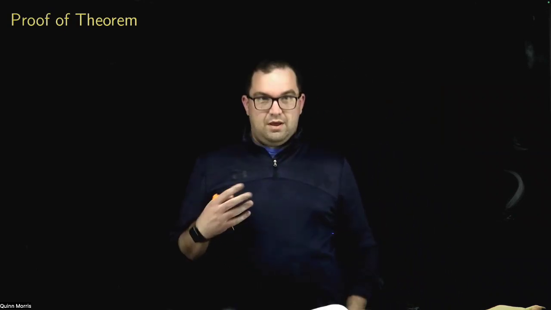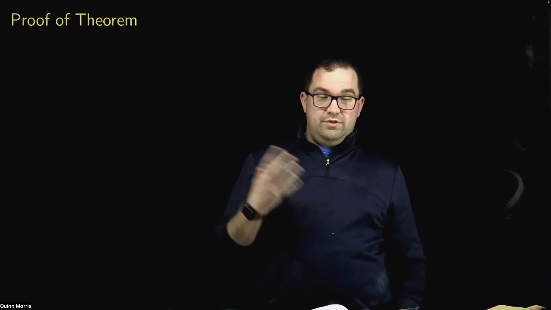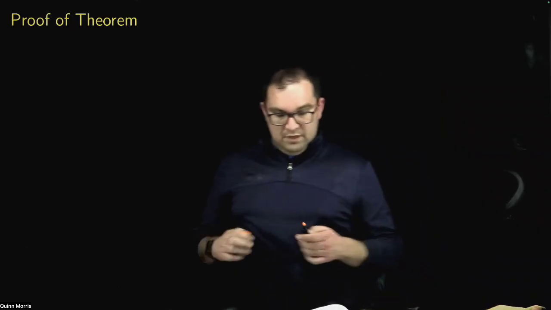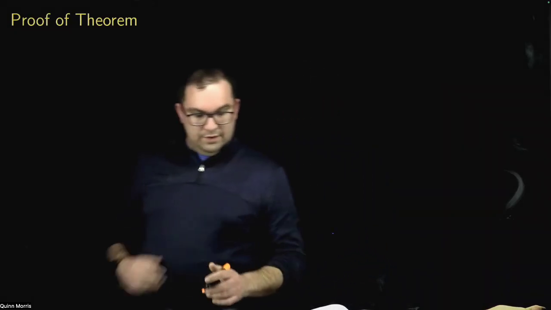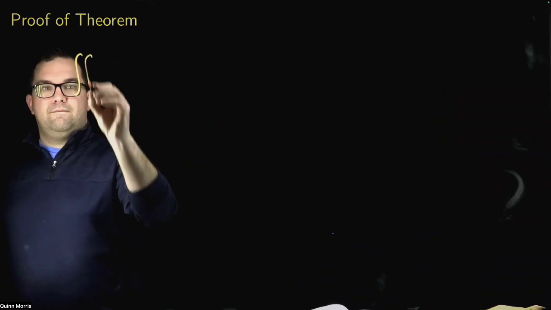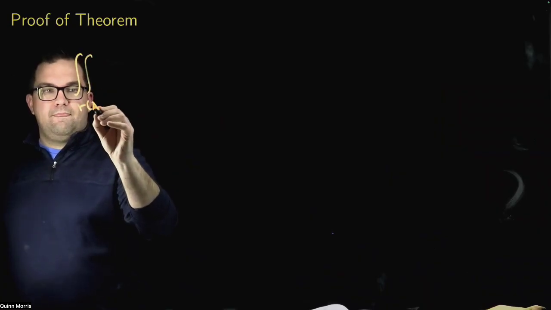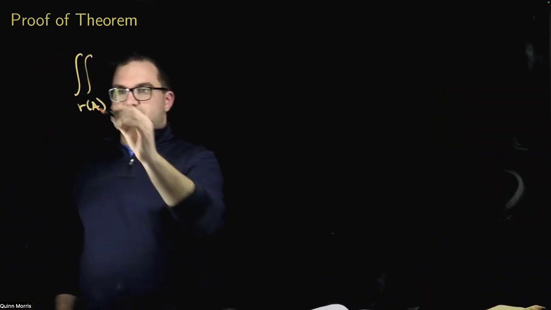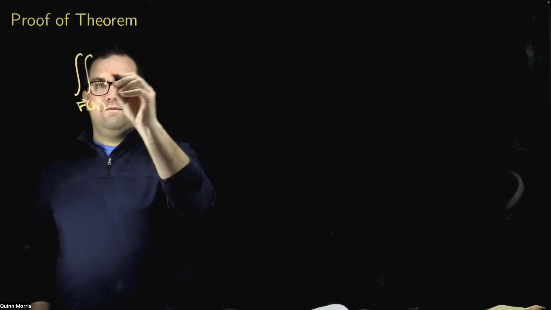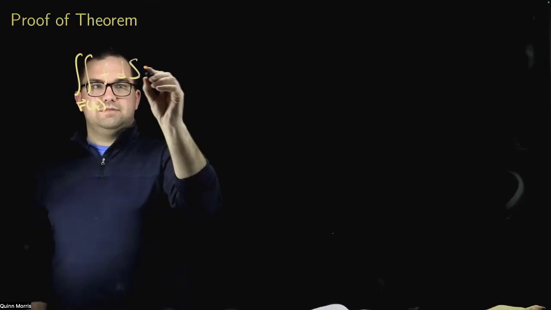Fundamentally, I'm not going to work out the full proof for this, but sort of the essence of this is, you start with one. So imagine that you have, with respect to the parameterization little r, the integral of f ds, right?